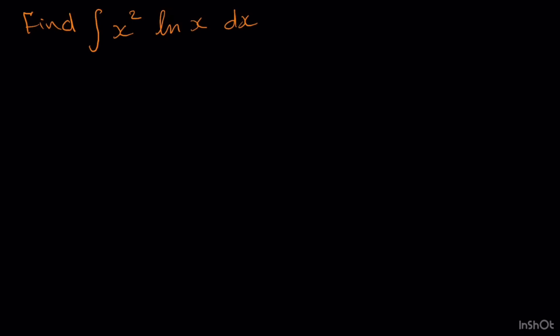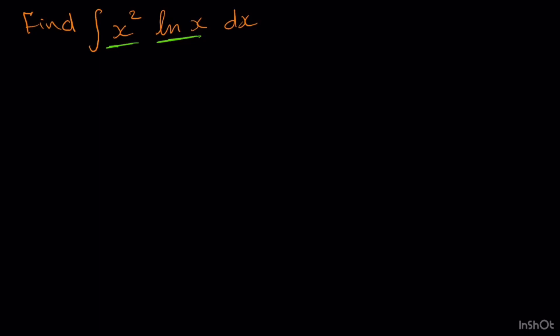So we have 2 functions here, x squared and ln x. Yes? Say yes. So this is one and this is another one. So we can use ln x, take it always as u, because it's easy to differentiate. It's not easy to integrate ln x, so it's easy to differentiate ln x.